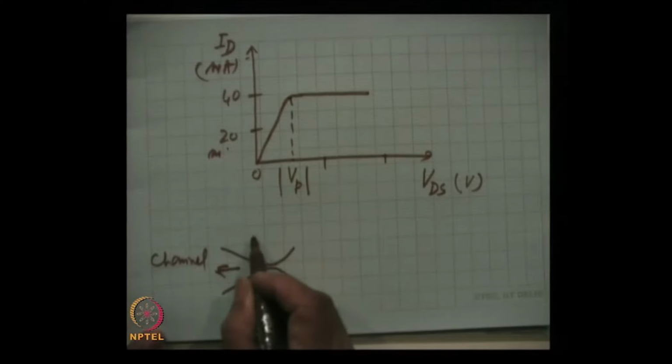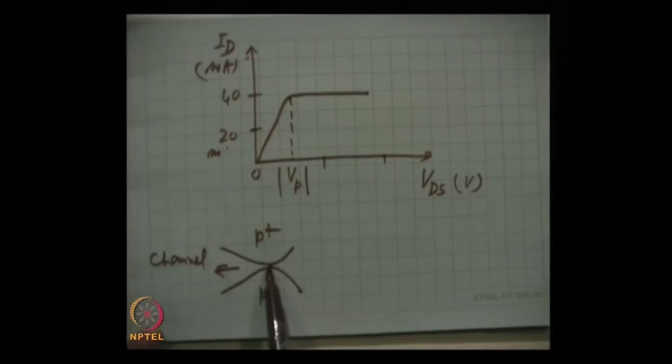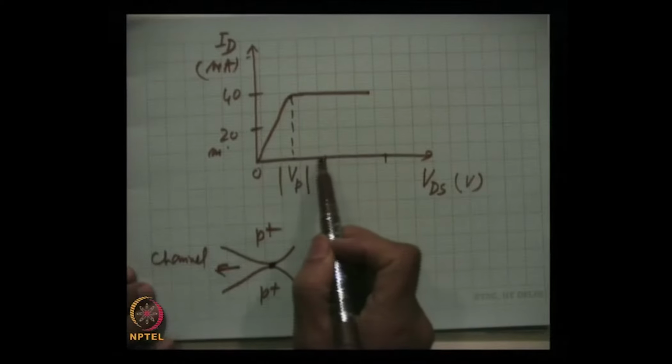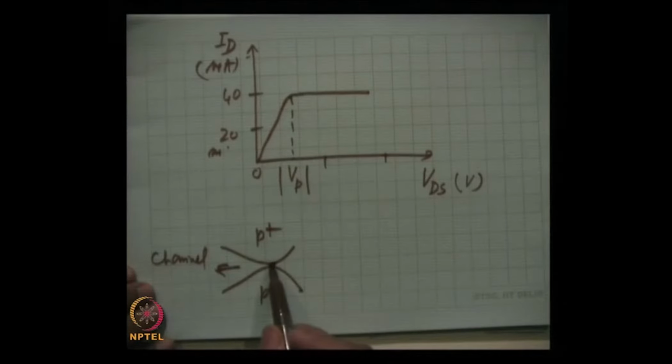and at the pinch off, only at a very small region at one point, the two depletion regions are contacting. As we increase this voltage, then this contact region increases.